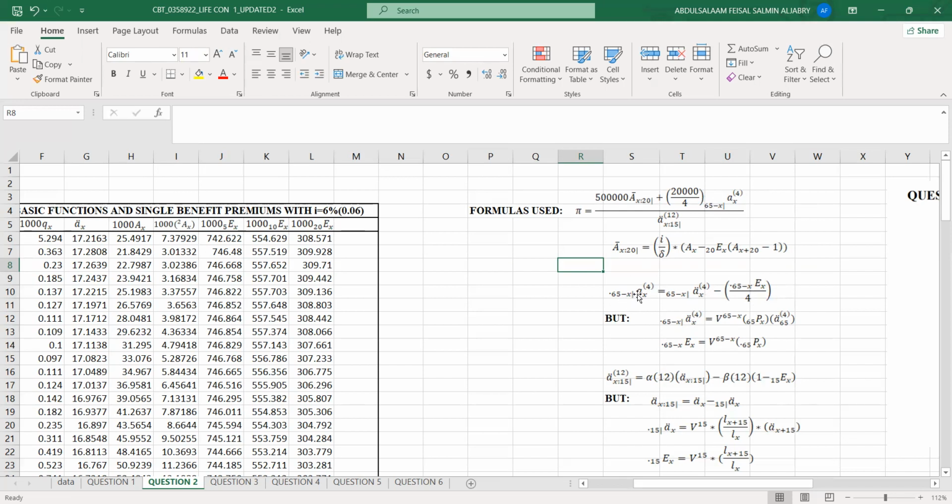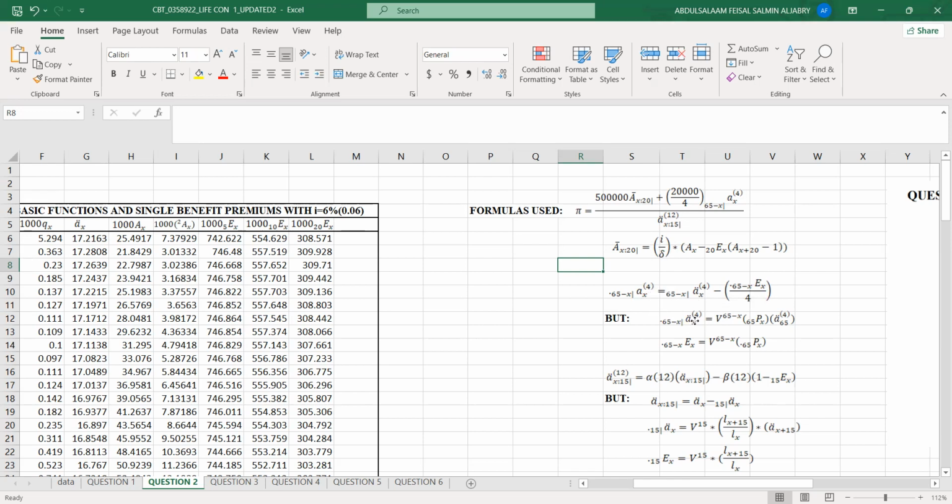Now from this formula, we also have 2 unknowns. As you can see, we don't have the 65 minus x deferred annuity due, and we don't have the 65 minus x E_x. So we have to find these 2 components again to find the 65 minus x deferred annuity immediate.